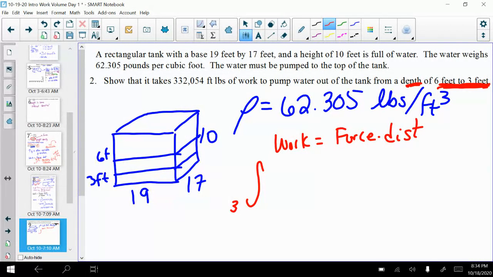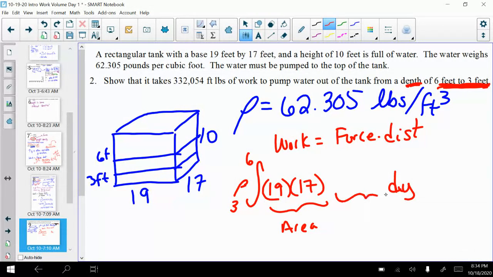So from 3, I guess I should have had you guys try this one before I just blasted into it, but you'll be okay. I always need that rho. I'm going to put rho out in front because rho is obviously a constant. So here's my area. The dy, I'll make that into a volume. And then I need to think about what's my distance.